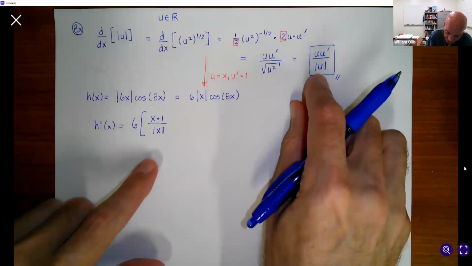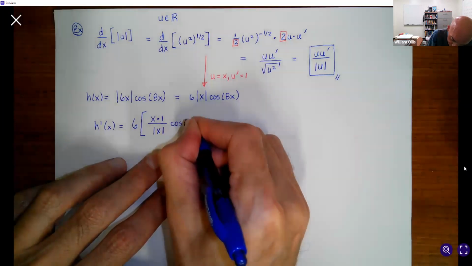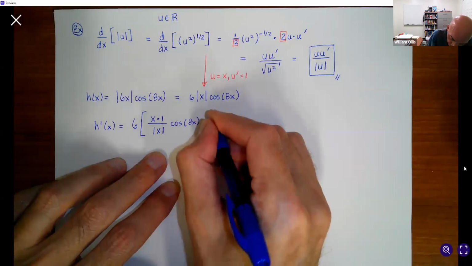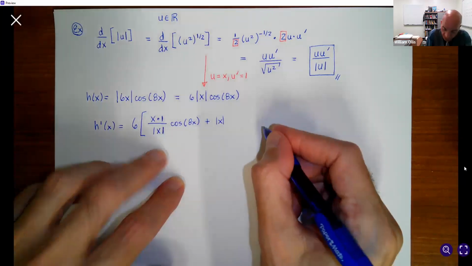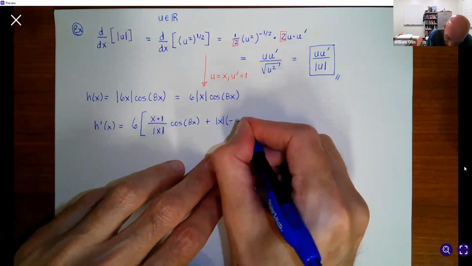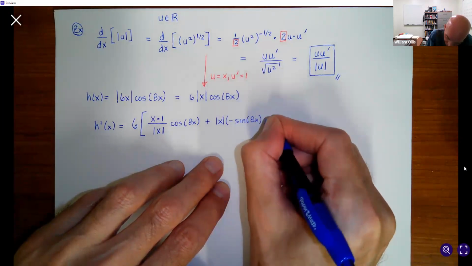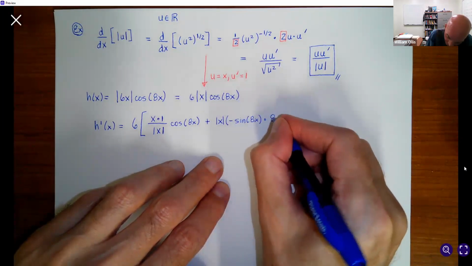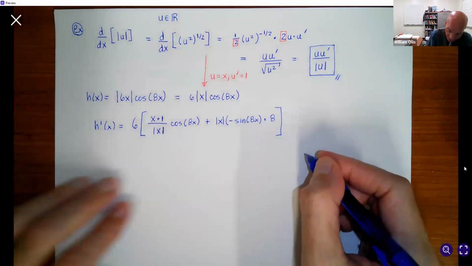So that's just using this formula, times cosine of 8x. Now we leave the absolute value alone, and we multiply by the derivative of the cosine of 8x. So that'll be a negative sine of 8x times the derivative of 8x, which is 8. And so we're done with that.